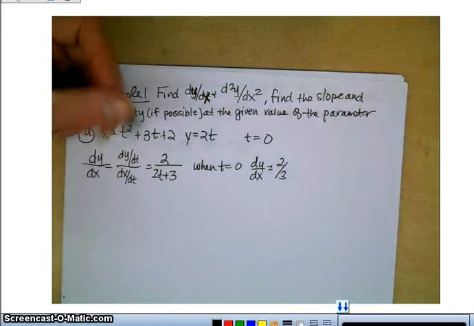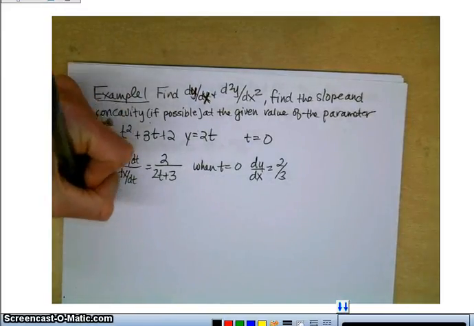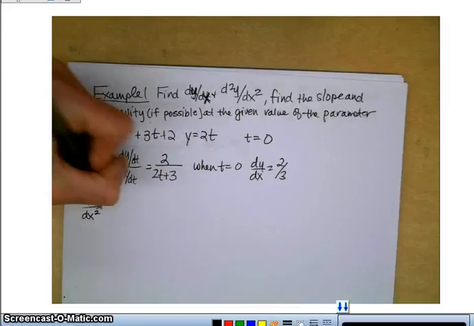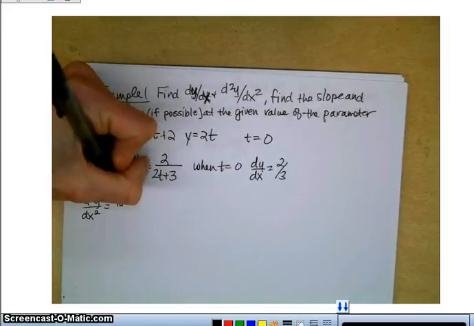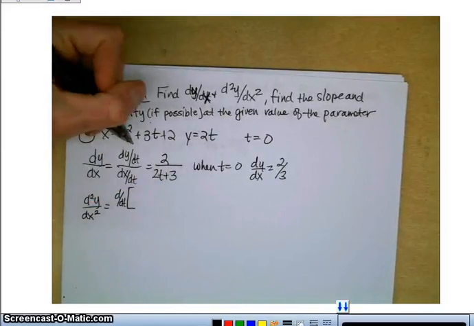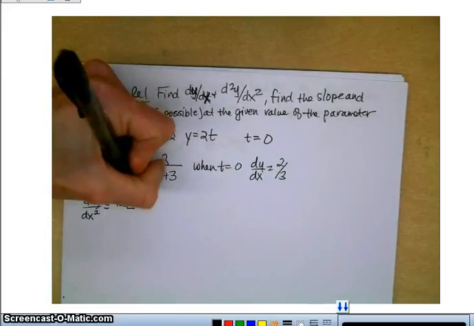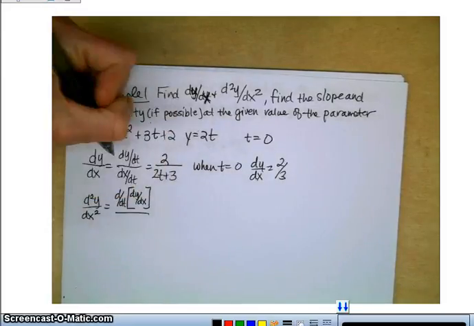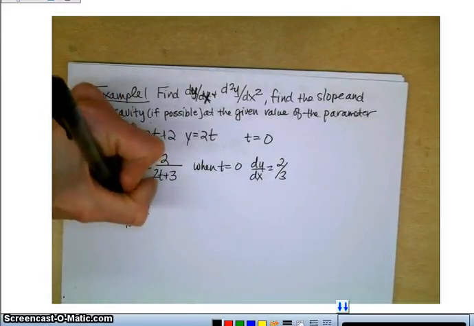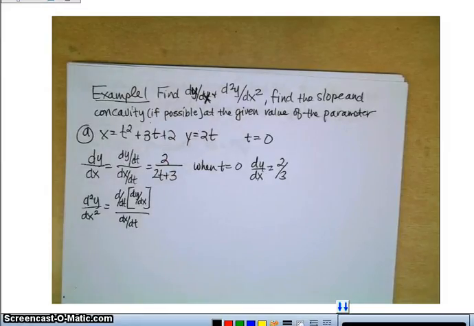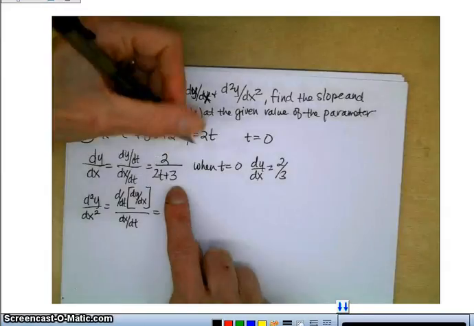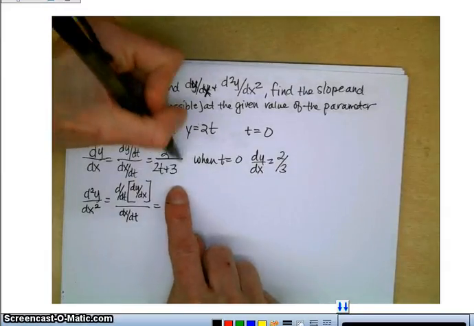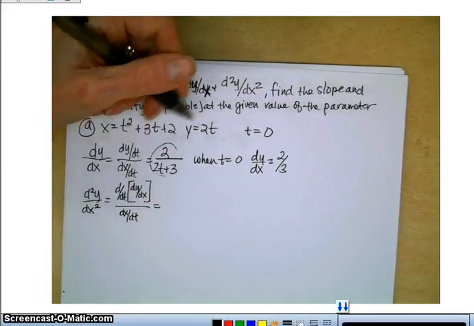Alright, now I need to find d2y over dx2. That means I'm going to take the derivative of the derivative divided by dx over dt. To take the derivative of dy over dx, I'm going to have to use the quotient rule.